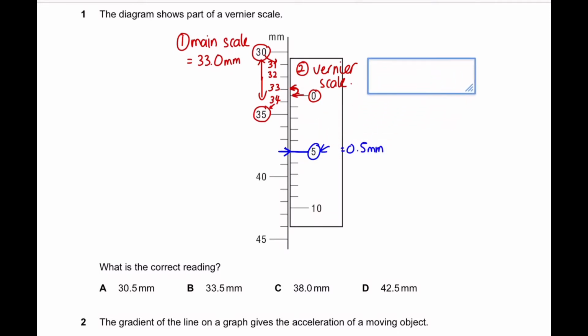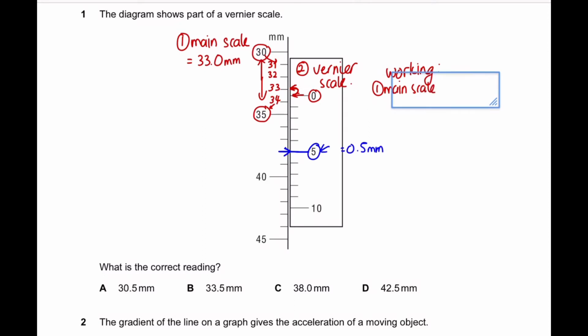So our working will be, first of all, we have our main scale. Our main scale, as we have figured out the number, which is 33.0 millimeter.